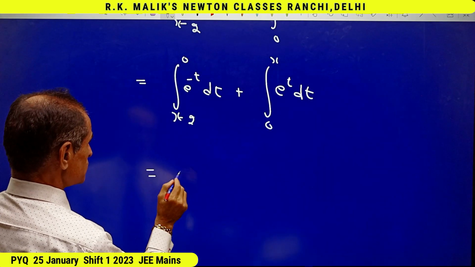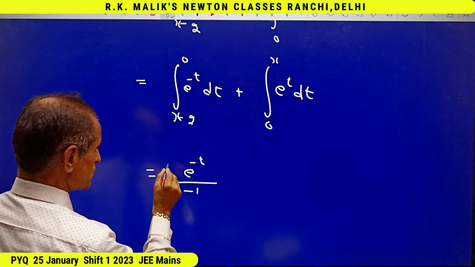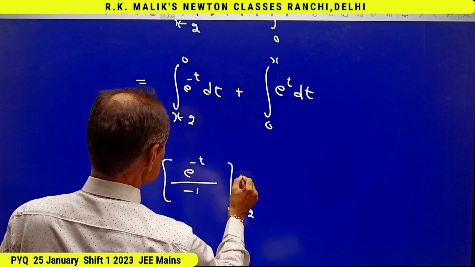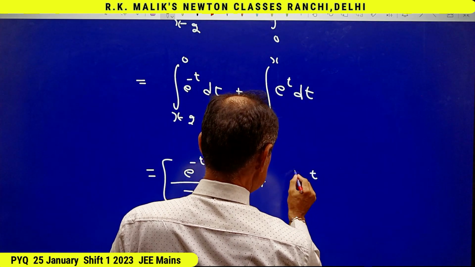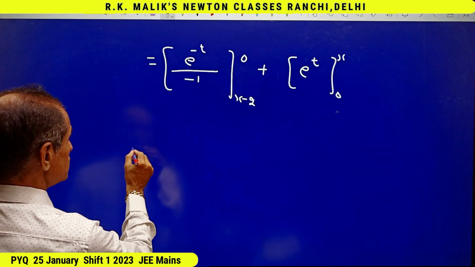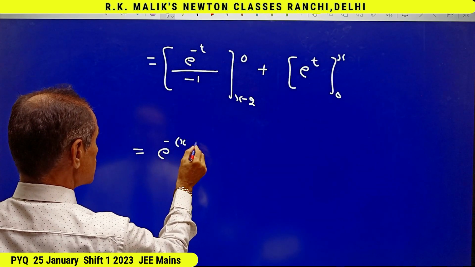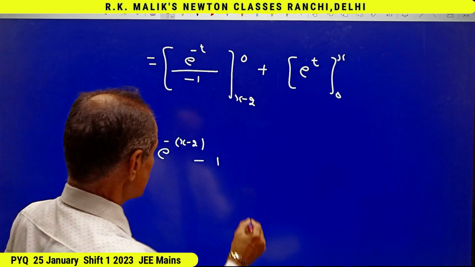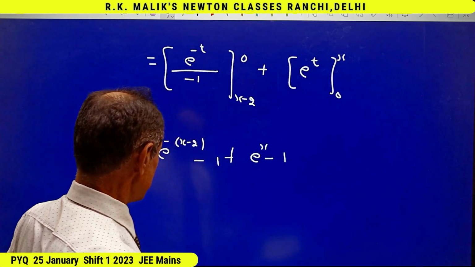That is, in this case you will be getting e power minus t upon minus 1, from x minus 2 to 0, plus e power t from 0 to x, and this is equal to e power minus of (x minus 2) minus 1 plus e power x minus 1.